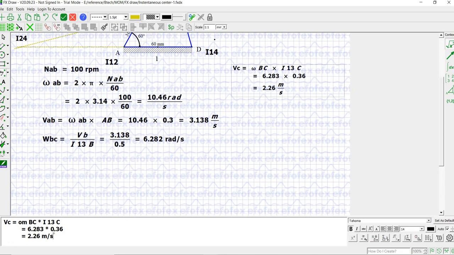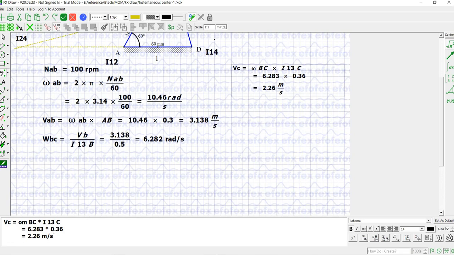So this is the linear velocity of the point C, which is shared by both the coupler as well as the rocker.